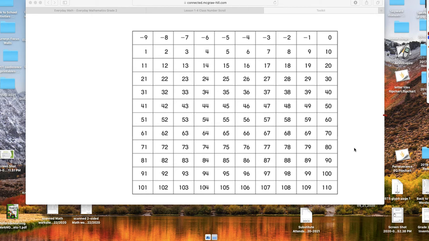So let's look. What kind of patterns do we notice about this number grid? What do you notice is a pattern on the number grid? What's one pattern you notice, Logan? When you go down, on the right side, they're the same numbers as what's over.